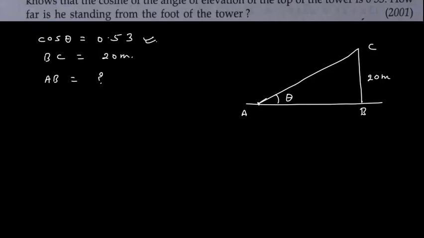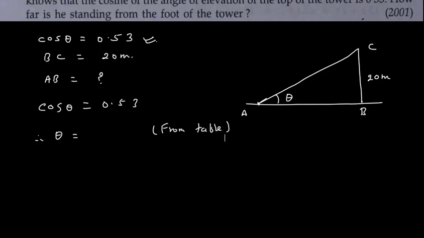One way is that I will use the table, and from the table I will find theta, and then I will use tan of theta. Here cos theta is 0.53, therefore theta from the table. Which table am I talking about?